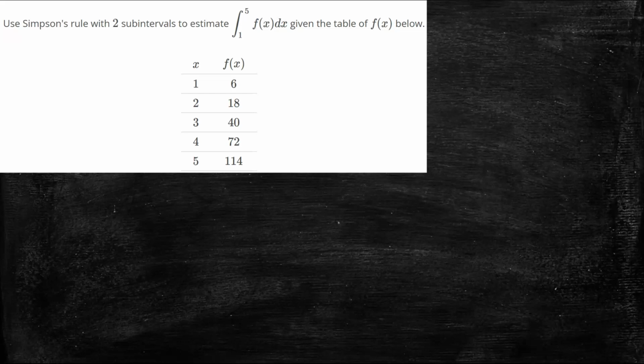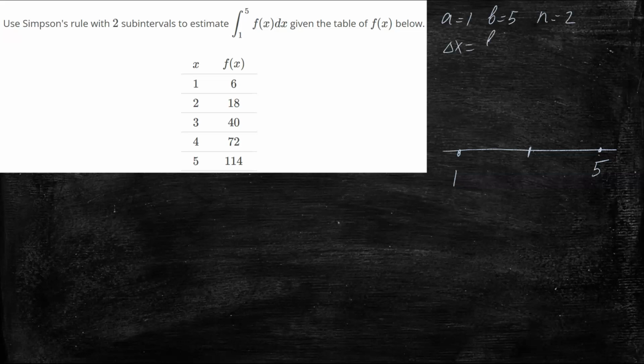But two subintervals is actually two subintervals. So let's just treat it literally as two subintervals. So we're going to have an interval from 1 to 5. Two subintervals means A is 1, B is 5, N is 2.